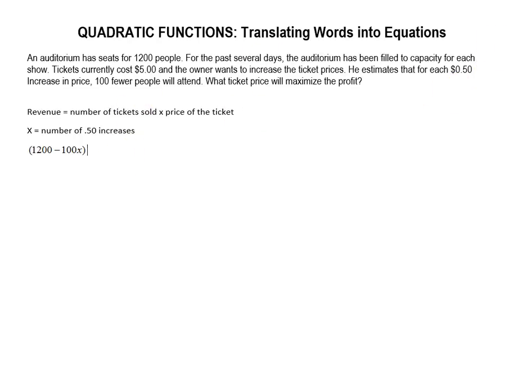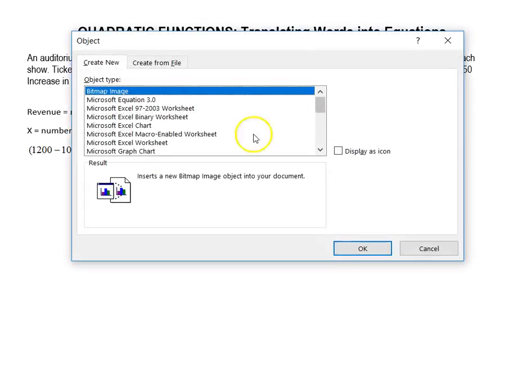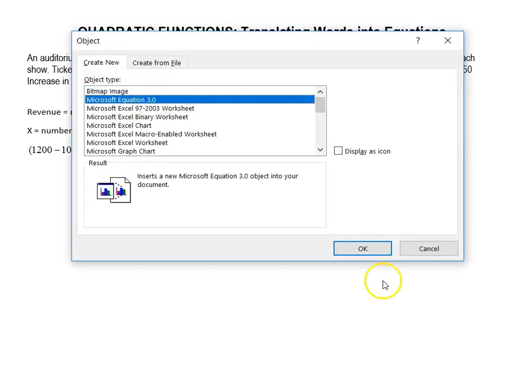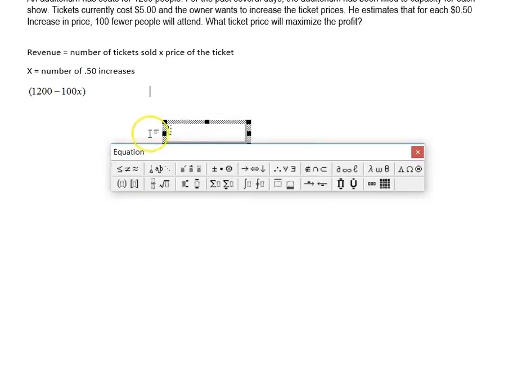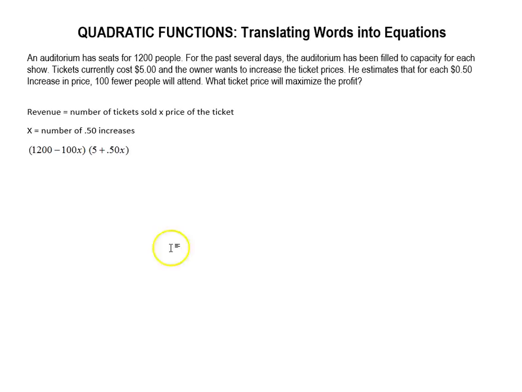So let me just go ahead and insert that also. I know it's 5, plus 0.50x. And again, I probably want to put that in parentheses. And there it is.